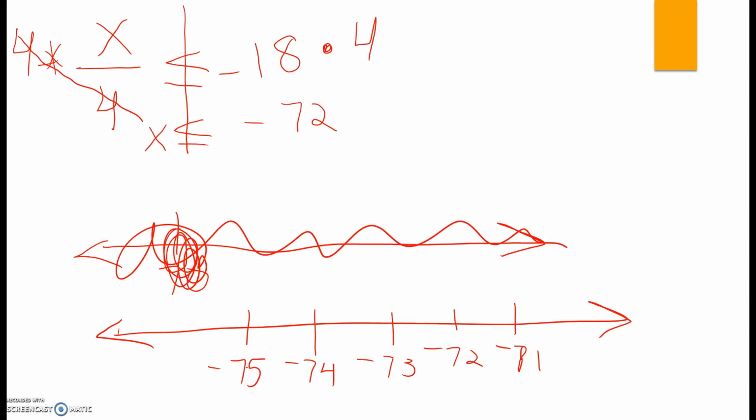We're just going to make sure I have that many for right now. It's going to be a closed circle because it's less than or equal to. So that tells us the circle is going to be closed. And then it says x is less than or equal to negative 72. So all the solutions less than or equal to negative 72 are going to be our answer.